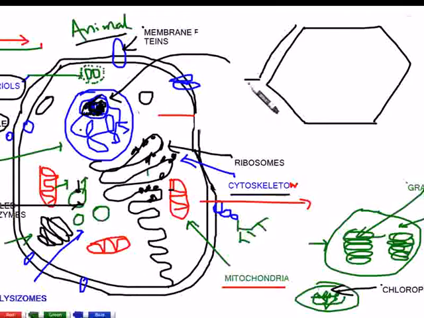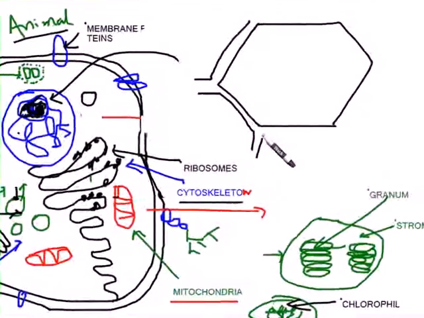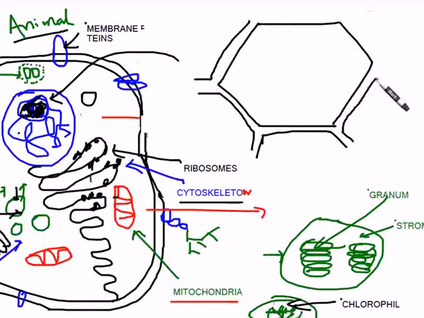In this case we have this rigid cell wall. Another question arises: if they have the cell wall, how can they transfer molecules with the nearby cells, or how can they communicate with each other? Because the cell wall is so rigid, it can't let things go in and out.